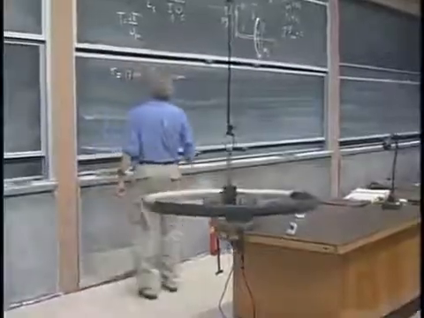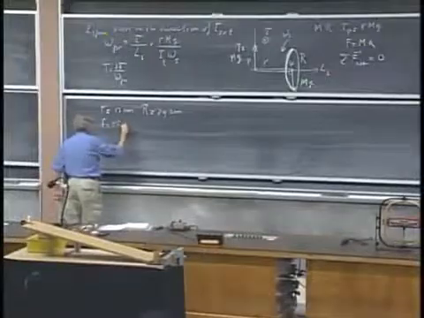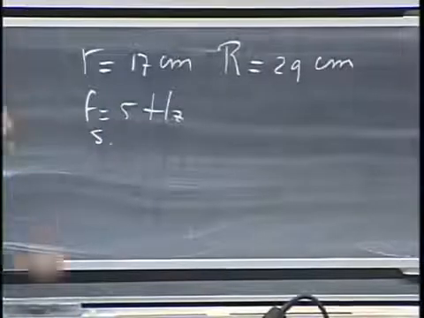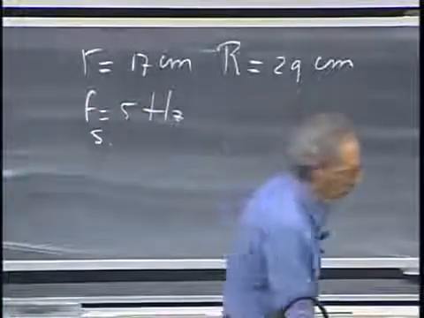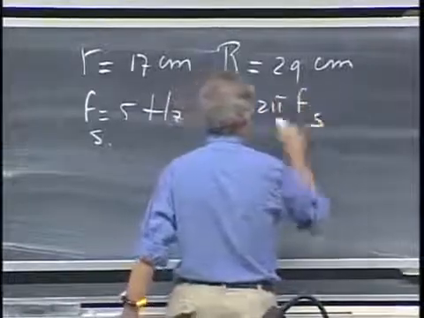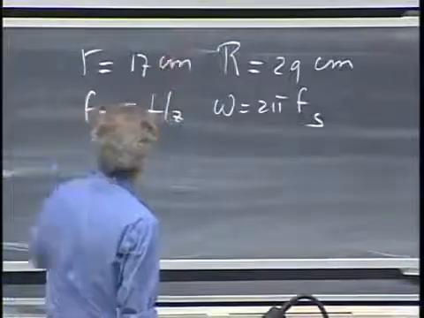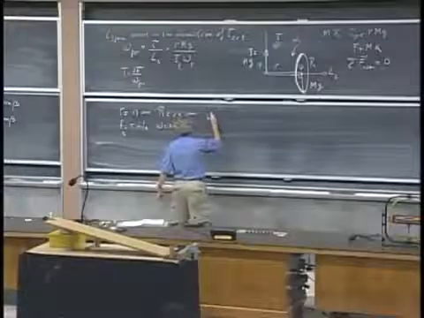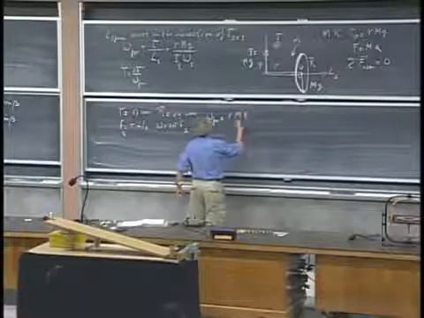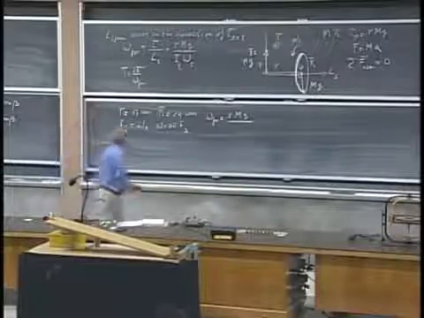Well, if now you take a spin frequency of 5 hertz, you can calculate omega of the spin. Omega equals 2 pi times the spin frequency. And so I can substitute that in there. So I get that omega precession now equals Rmg divided by the moment of inertia times omega s. I assume that all the mass is at the circumference.